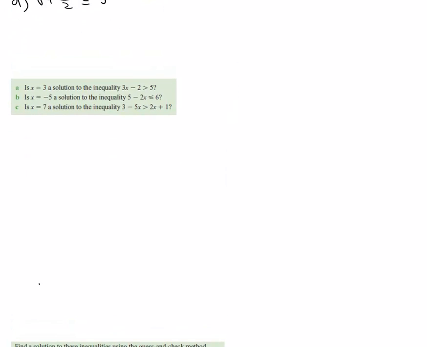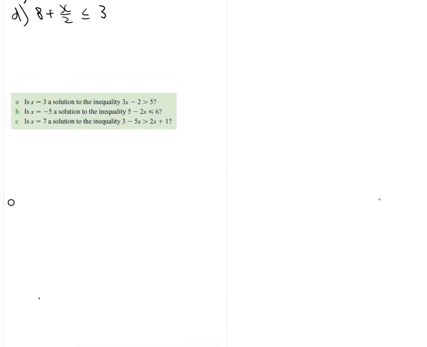So is x equals 3 a solution to the inequality 3x minus 2 is greater than 5? So when something says a solution, a solution is just, does it make the statement true?